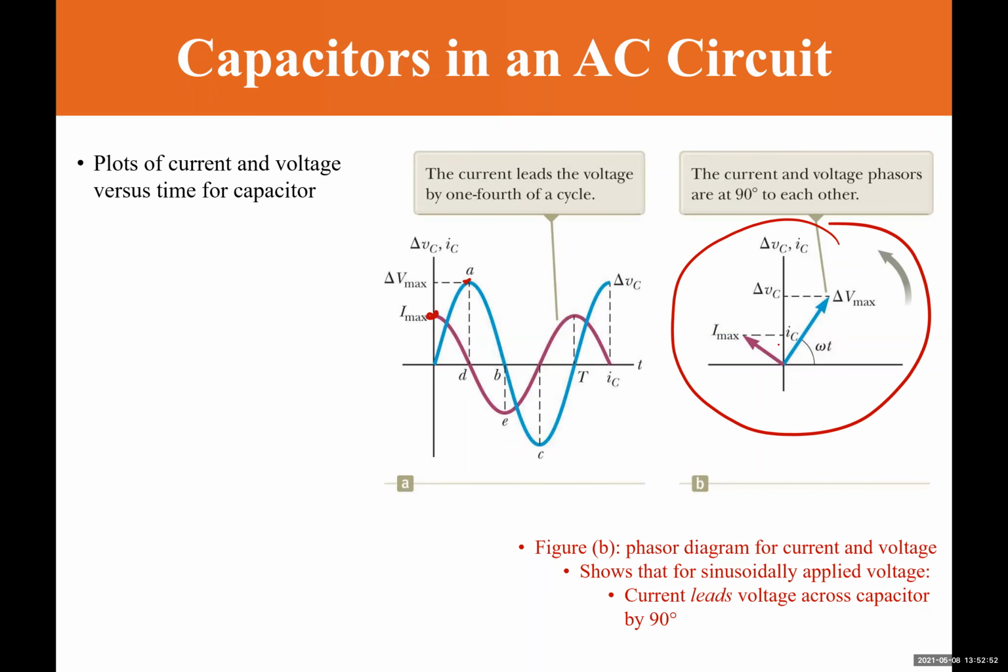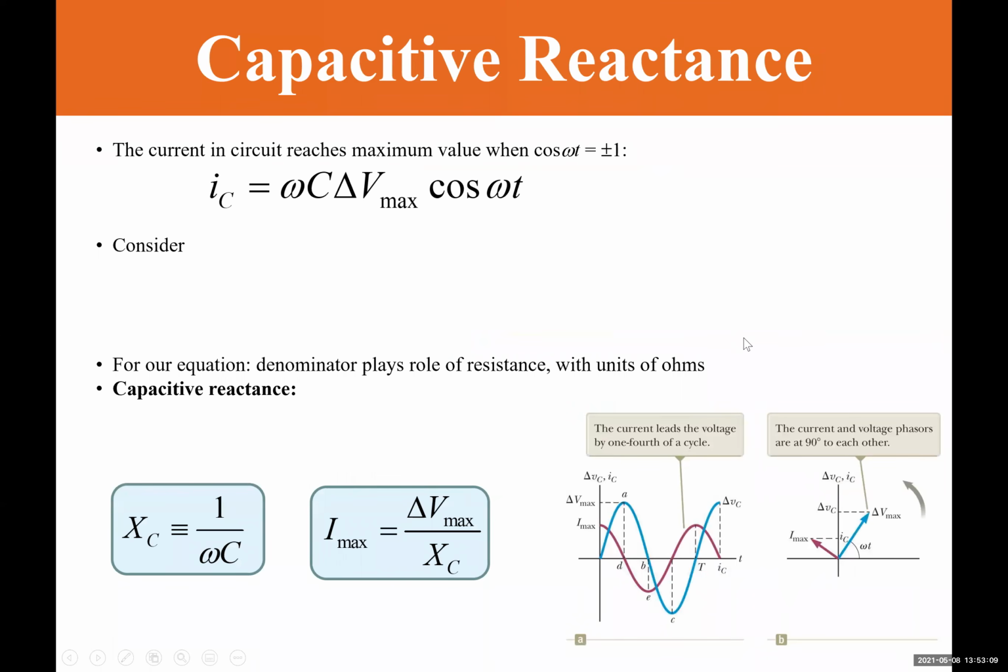Since it's ahead, I have to put it in the second quadrant. So I max is positive, and it's ahead of the voltage by exactly 90 degrees.